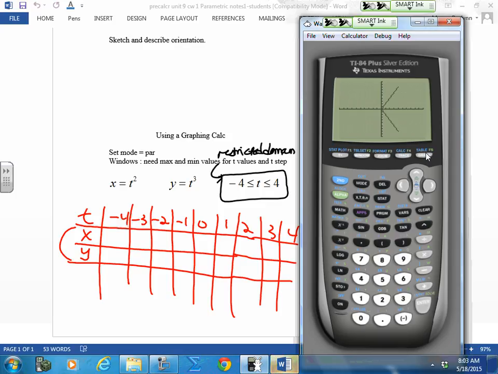Now the orientation on this, we'll be able to see when we graph it ourselves, but your orientation on this started here and went like this. You'd never be able to graph that in a regular coordinate plane. You can't graph something that's not a function. Parametrics allow us to graph something that's not a function.